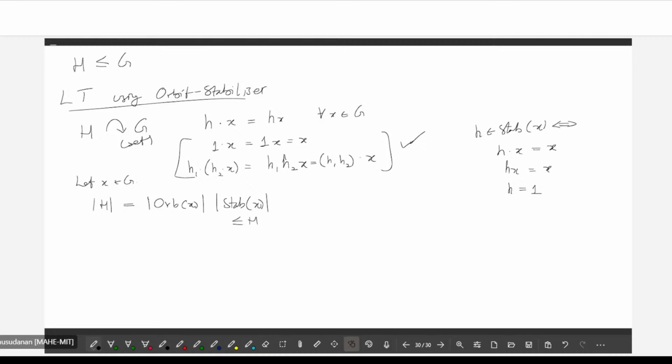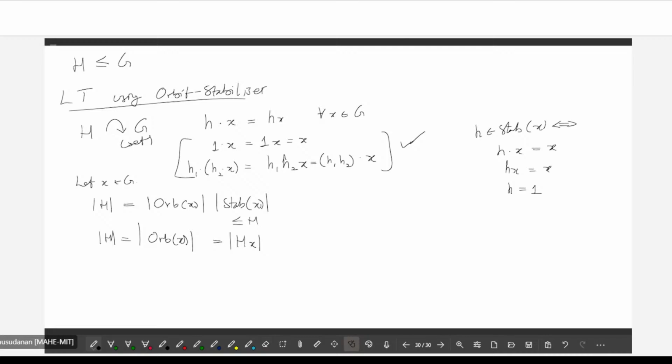So the order of H is equal to the cardinality of the orbit of X under this action. That is, what is the orbit of X? It is just Hx.